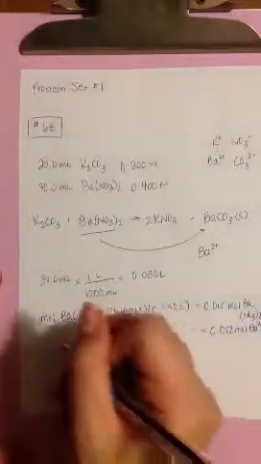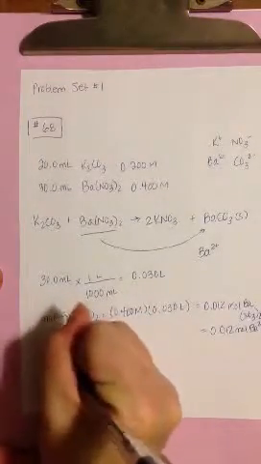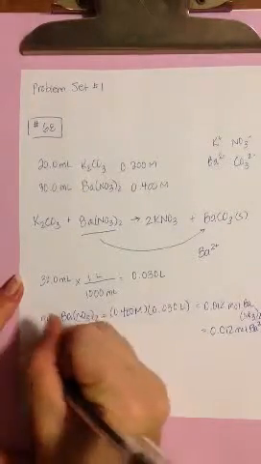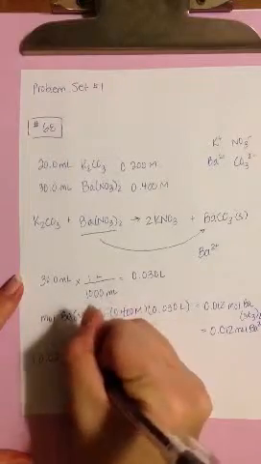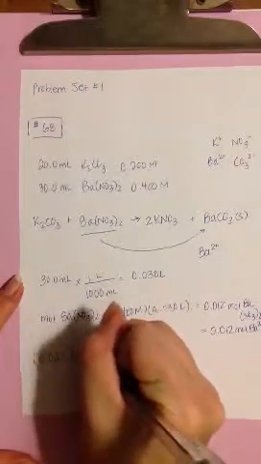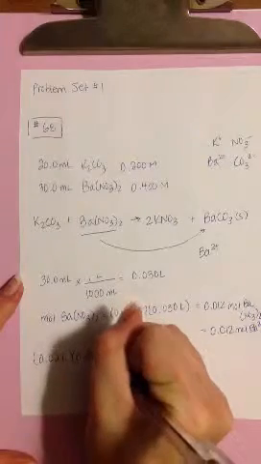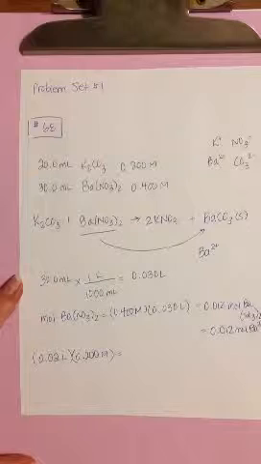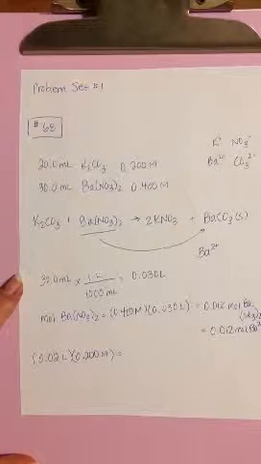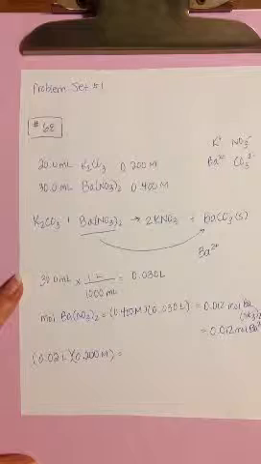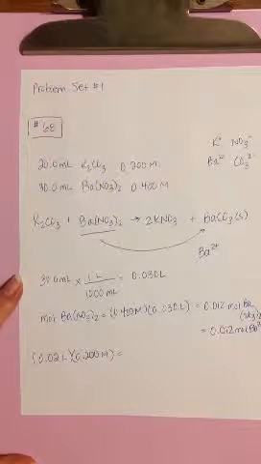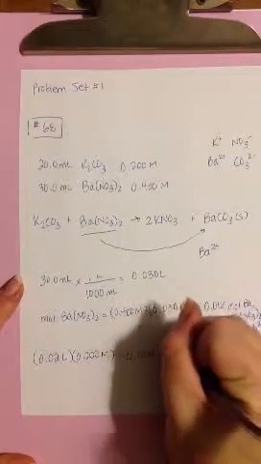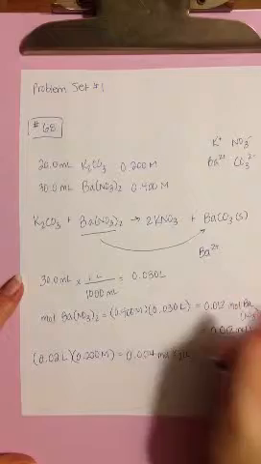Now I've got my 20 milliliters, which I can convert to 0.02 liters of potassium carbonate times the molarity, and this will tell me how many moles of potassium carbonate I have. So I get 0.004 moles of potassium carbonate.